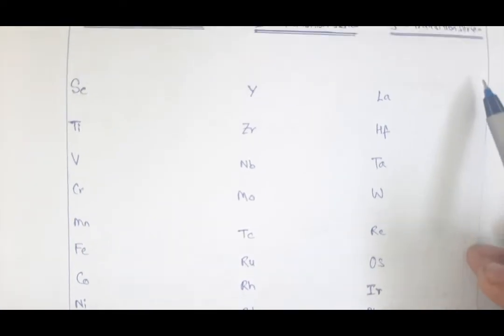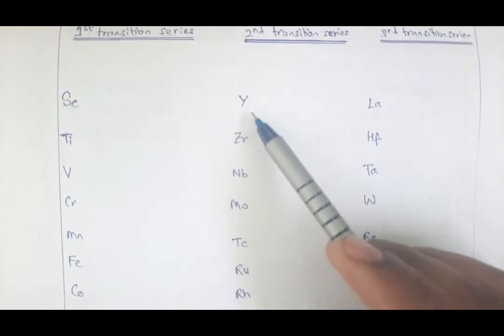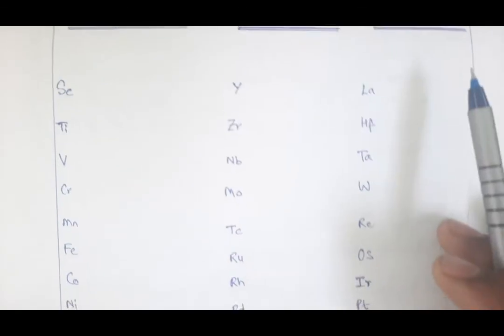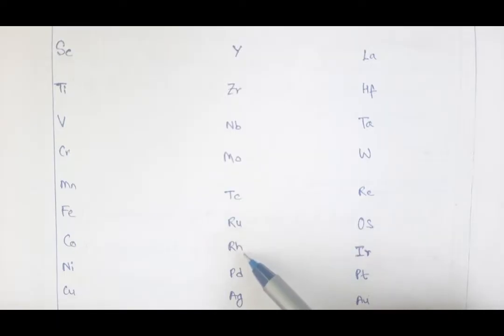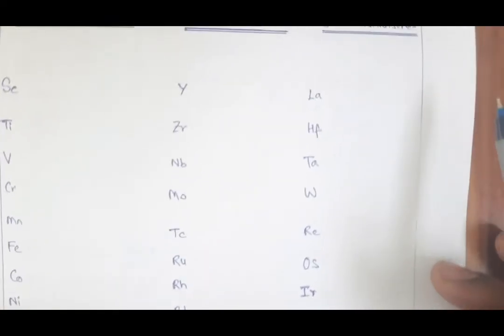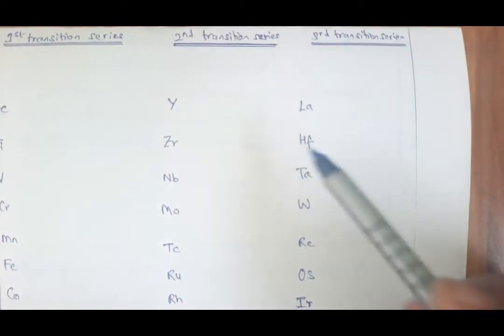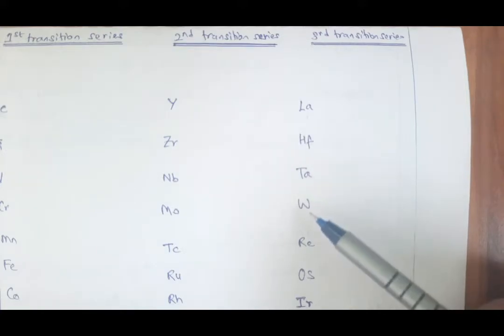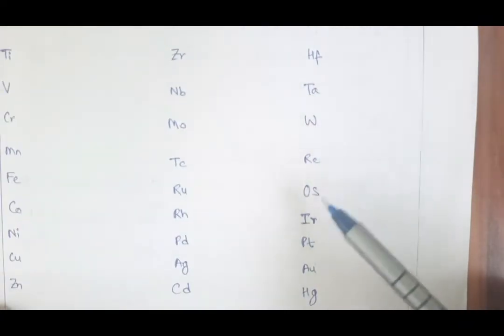Similarly, for second transition series, the members are yttrium, zirconium, niobium, molybdenum, technetium, ruthenium, rhodium, palladium, silver, and cadmium. Cd means cadmium. Similarly, for the third transition series, the members are lanthanum, hafnium, tantalum, tungsten, rhenium, osmium, iridium, platinum, gold, and mercury.